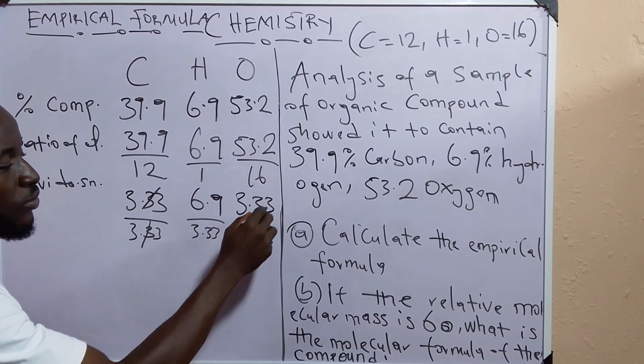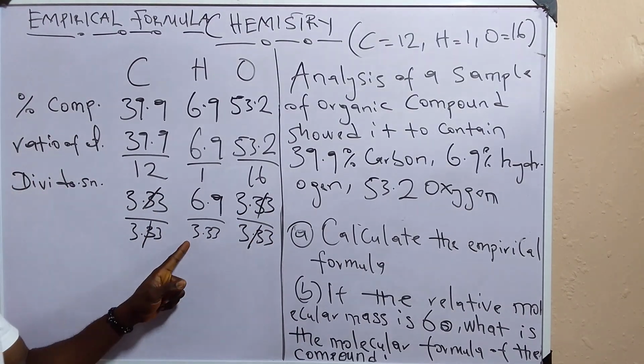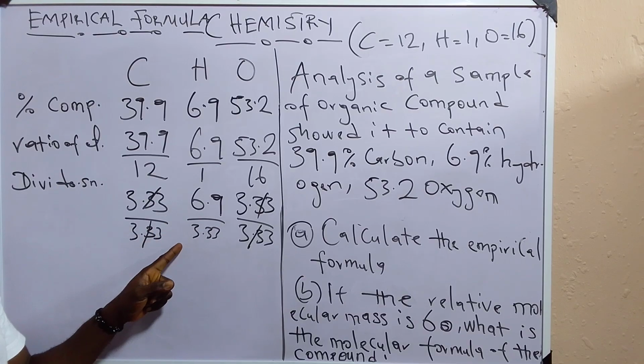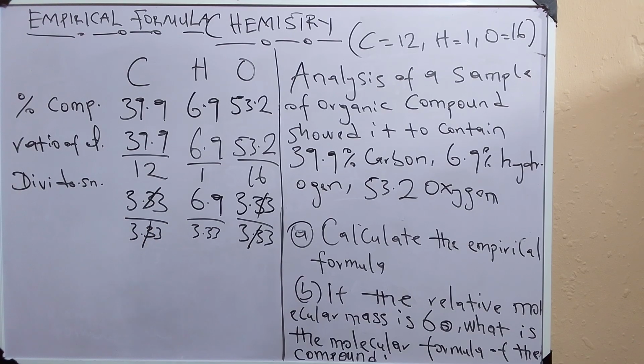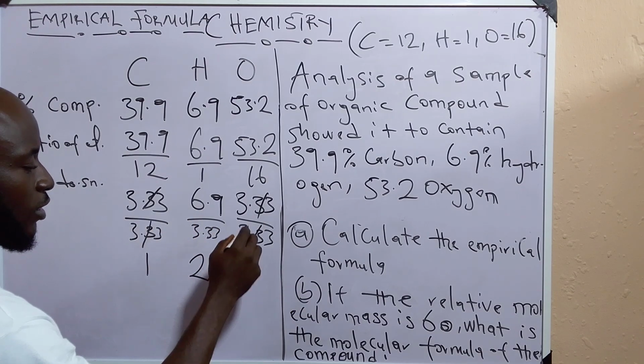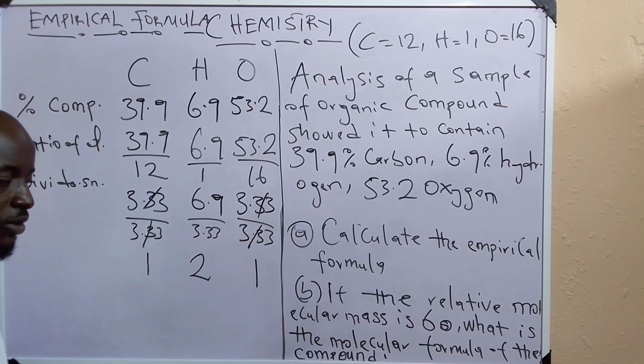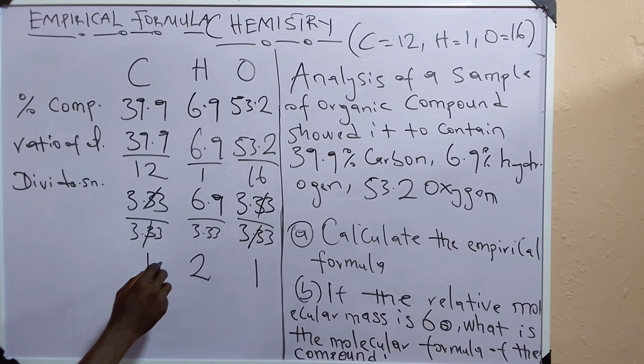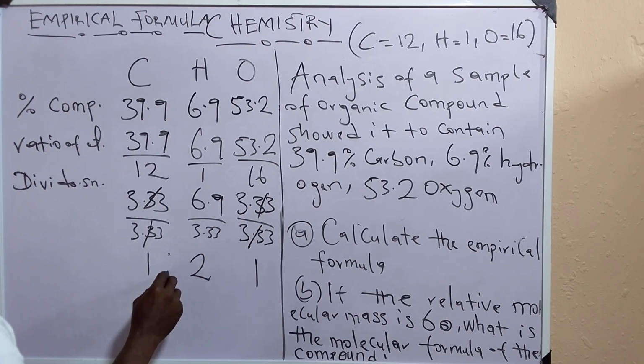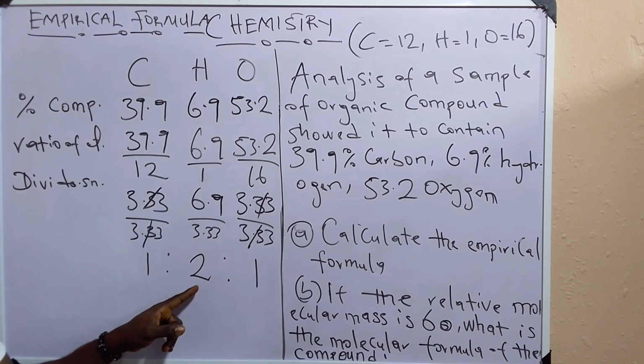How many 3 will you see in 6? 6 divided by 3 is 2. So we have 1 here, 2 here, and 1 here, because 3.33 divided by this is also 1. So the ratio of the atoms is 1 is to 2 is to 1.